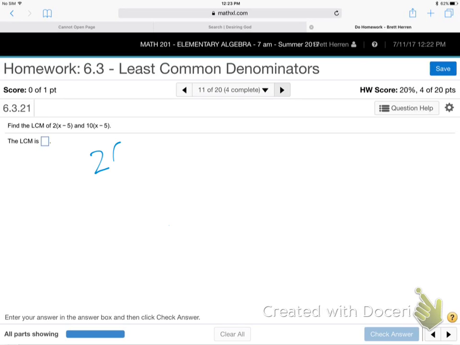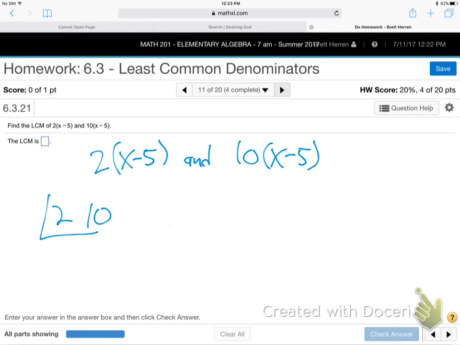Number 11. So 2, x minus 5, and 10, x minus 5. Okay, so those numbers in the front, 2 and 10, you can do the box if you want. Or do you just know it? What number do 2 and 10 both go into? 10 itself. But if you're not sure, go ahead and put the 2 and the 10 in the box and say, okay, what goes into 2 and 10? 2. 2 goes into 2 1 time. 2 goes into 10 5 times.